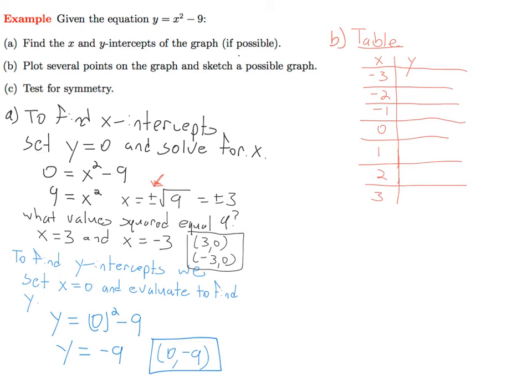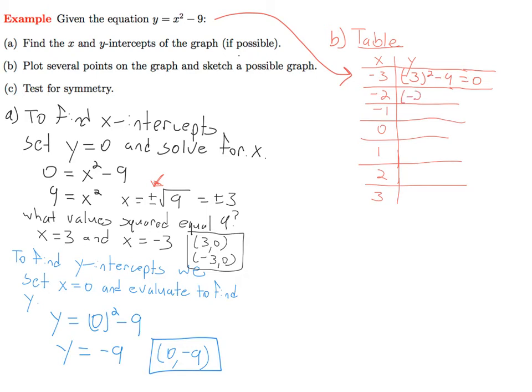And then I'm going to have a second column where I calculate the corresponding y values. So the way I find the y value is using the equation y is equal to x squared minus 9. So when x is minus 3, I plug in minus 3, minus 9, and that gives me a y value of 0. Since minus 3 squared is 9, 9 minus 9 is 0.